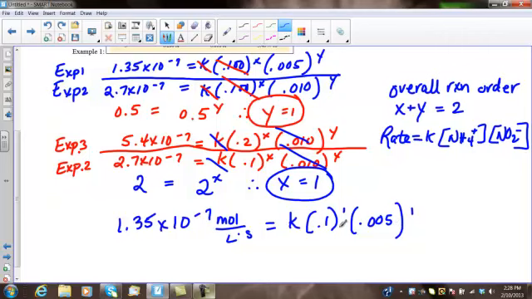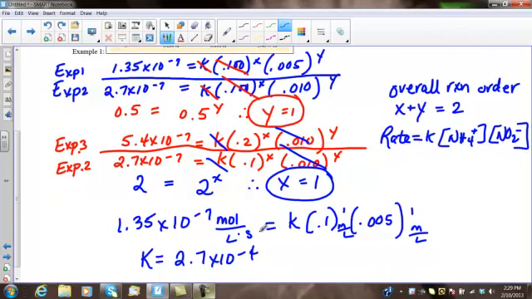And these are both going to be moles per liter. So I have a couple things going on. Let me just do the math first. To solve for K, I've got 1.35 times 10 to the negative 7 divided by 0.1 times 0.005. So my K is equal to 2.7 times 10 to the negative 4.